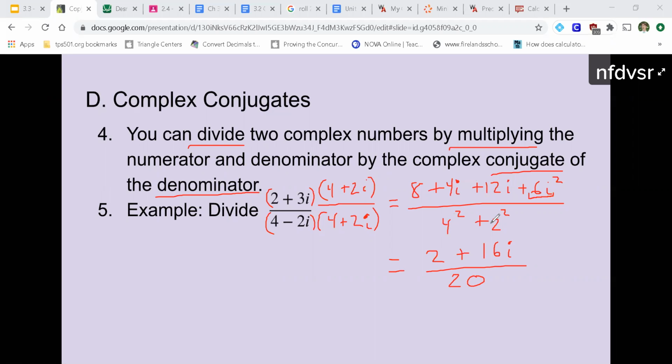All right, this is still not finished yet. I could simplify this more because all three of these numbers are divisible by 2, right?